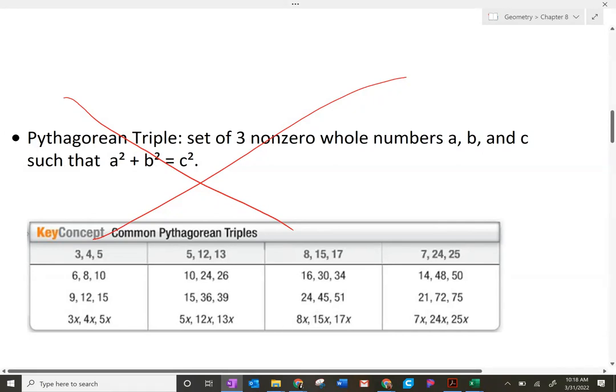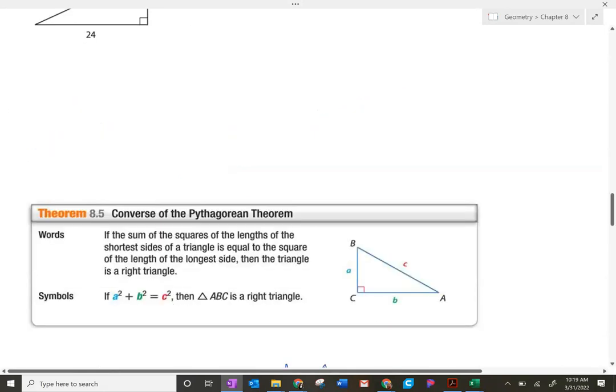The one that I know of, again, I do math, I don't even memorize all these, is 3, 4, and 5. If you see one that has a 3 and then one that has a 4, the hypotenuse is going to be 5. But no matter what, if you do Pythagorean theorem, you will still come out to those exact same numbers. So I'm not going to worry about the triples.